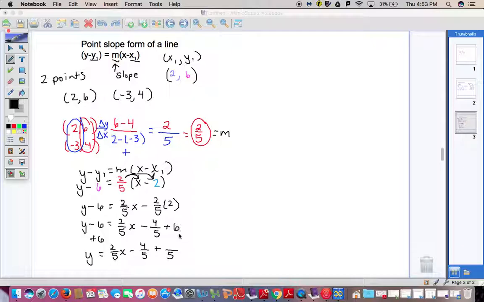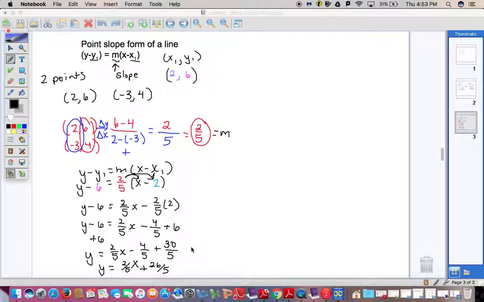So I'm going to rewrite 6 as 30 over 5. And now negative 4 plus 30 is positive 26. So my final equation is y equals 2/5 x plus 26 fifths.